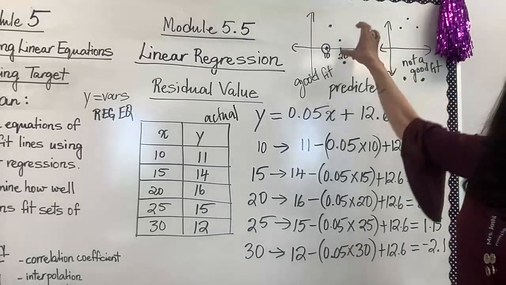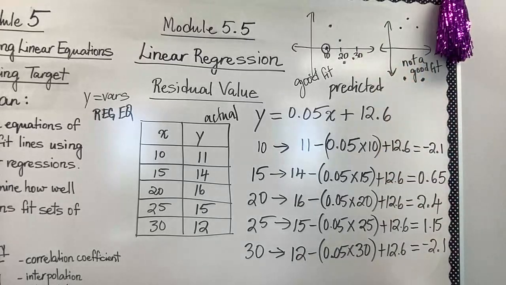That's what makes it a good fit. The reason is that the x-axis stands for the residual of 0, and that means our actual data point matches our predicted data point perfectly.